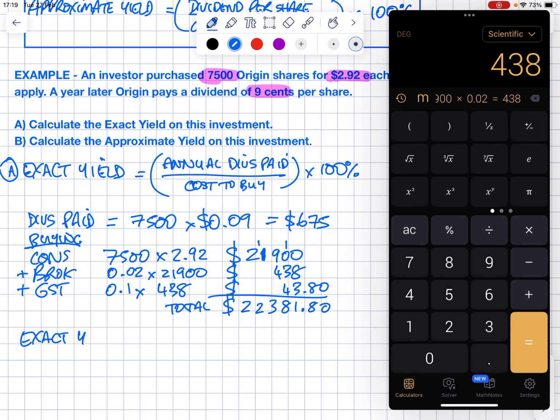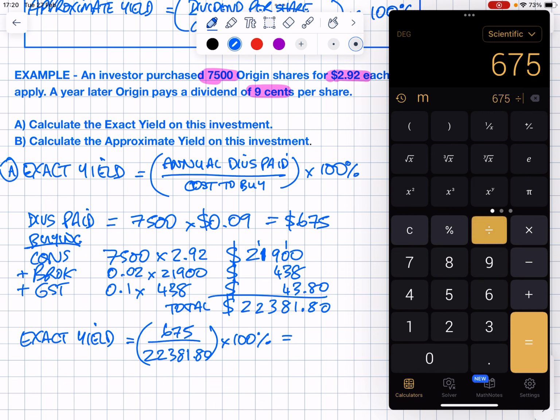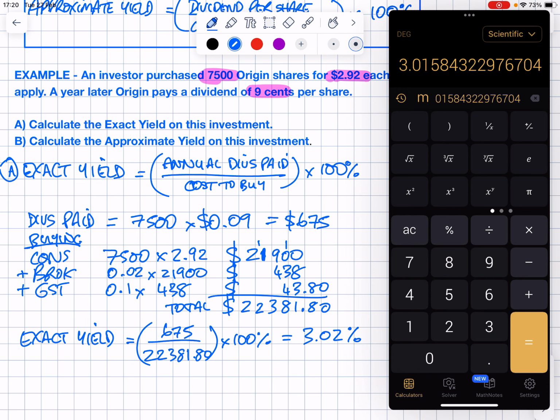Exact yield equals annual divs paid, $675, divided by $22,381.80, times that by 100%. 675 divided by 22,381.8, times that by 100, 3.02%, rounded to 2 decimal points.